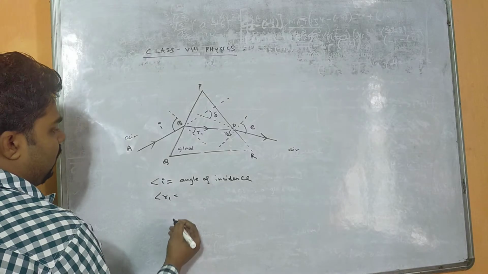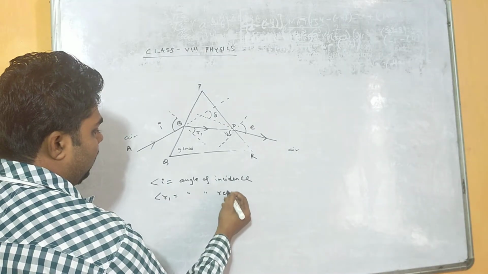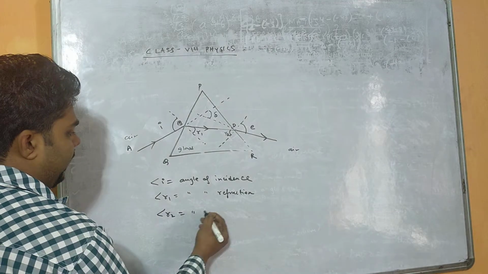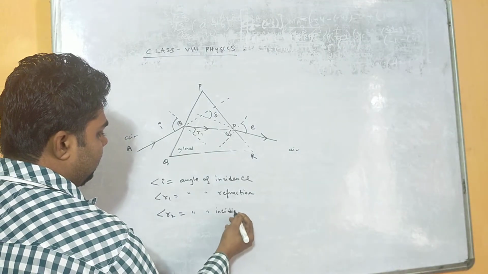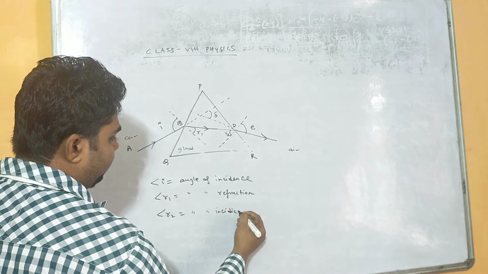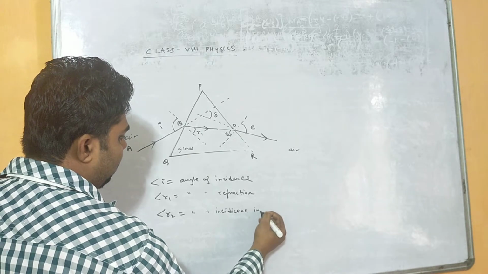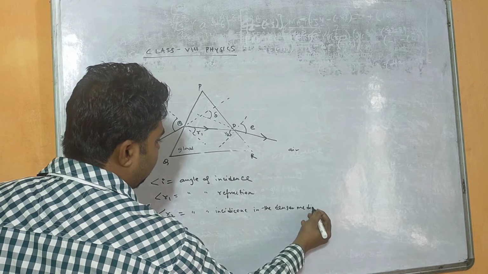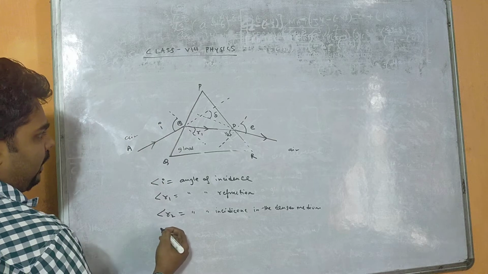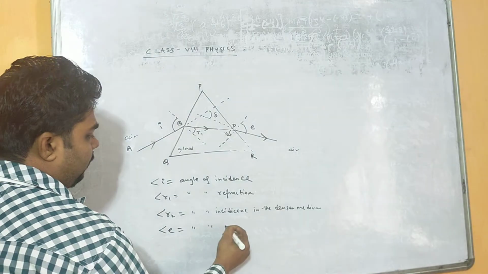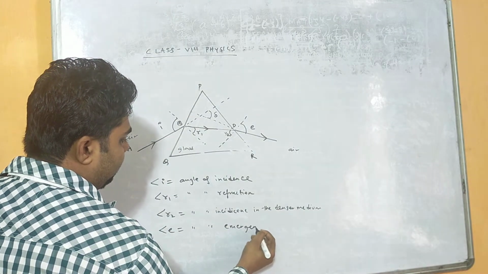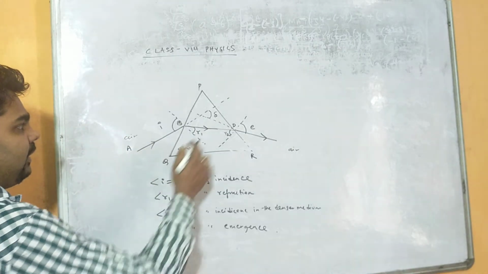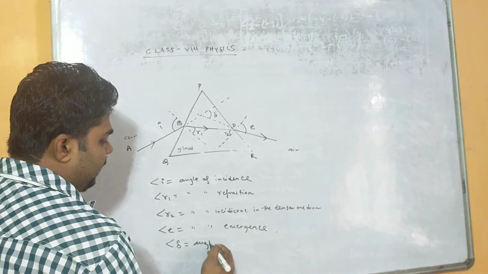Angle R1 is called the angle of refraction. Angle R2 is called the angle of incidence in the denser medium, and angle E is called the angle of emergence, right? And angle del, this is the del sign, shows the angle of deviation.